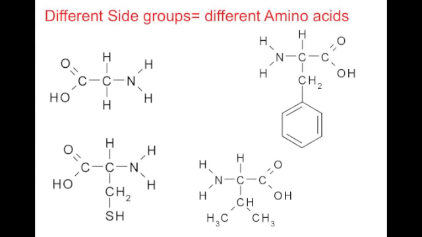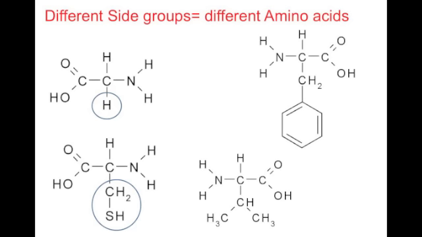Different side groups, like I said, make the different amino acids, and so here's a couple examples of those. This is glycine right here. This is the simplest of the amino acids, and its R group is just a hydrogen. At the bottom here, this is cysteine, and you'll see at the very bottom you have that sulfhydryl group or that thiol group.